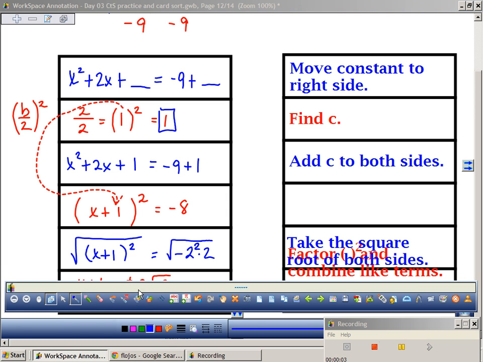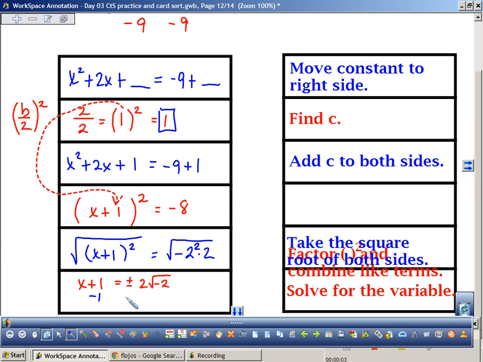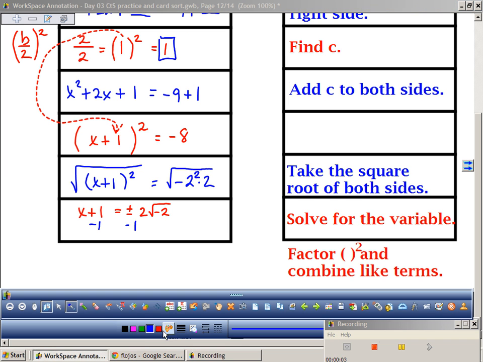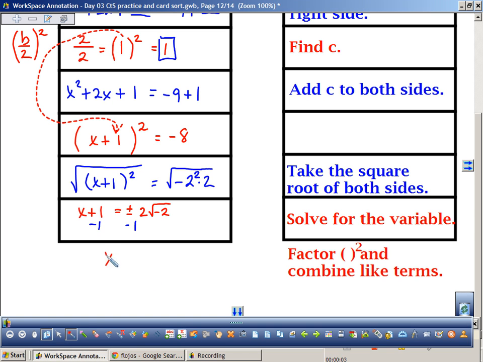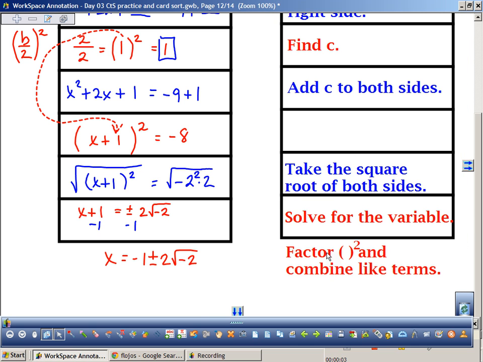So let's just subtract 1 from both sides, and we finally get x equals negative 1 plus or minus 2 root negative 2. For some reason, I can't get these to go up. Strange. Okay, questions on this?